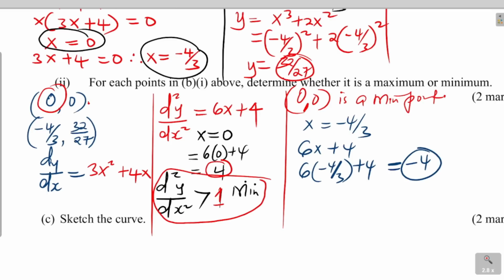So if the second derivative is less than 1, then this one is a maximum point.